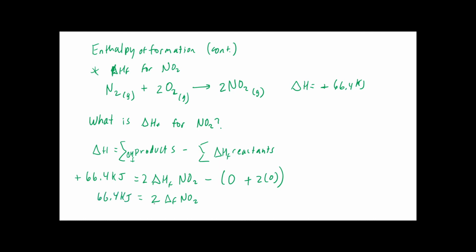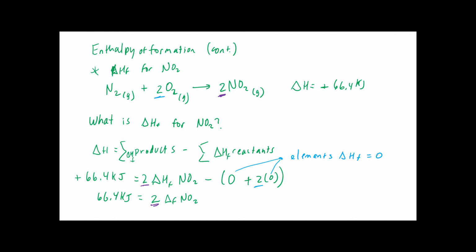Now you might have noticed I just added a 2 there, but that 2 is coming from the coefficient of the equation over here. All right, and these are 0 because they come from elements. Elements delta HF equals 0.